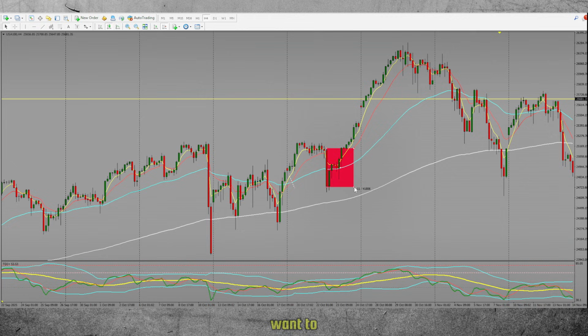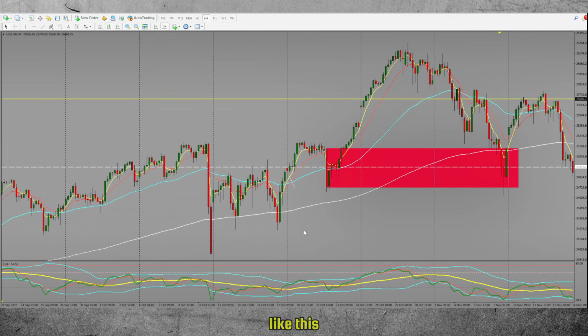That is what we want to actually see and project into the future. So if we have such a big range of an order block, we want to actually have 50% like this in this particular case. But before we actually move forward, I have another point as well that I want to show you where these order blocks are also derived.